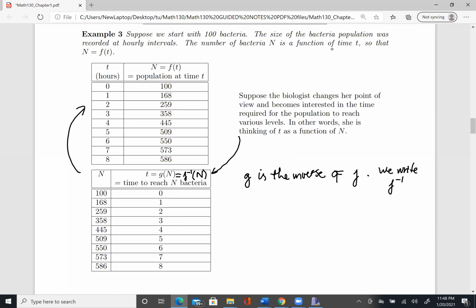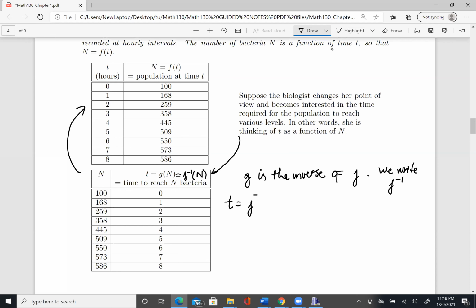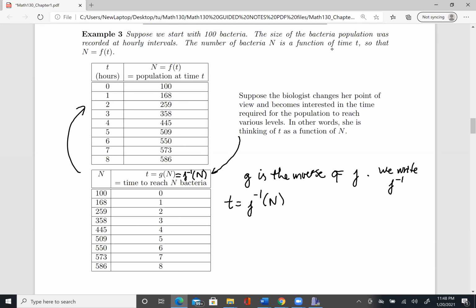And t equal to f inverse of n means that n equals f of t.